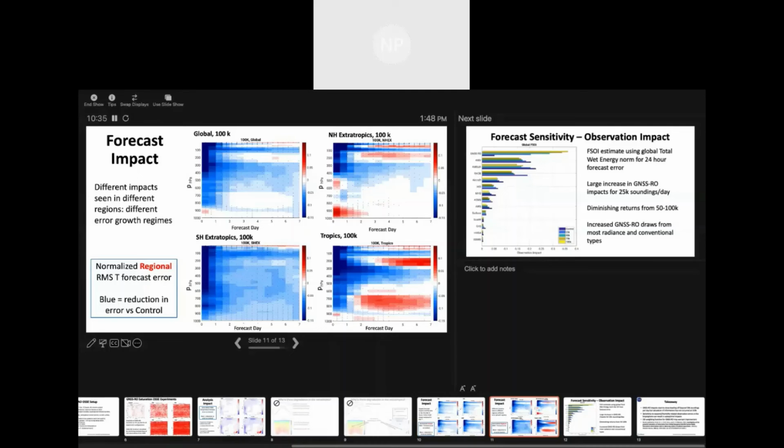Initially, in the first day or 2 days, we see a strong improvement, but then suddenly it switches over and you see a degradation. That red is showing the degradation of the temperatures. What we think is happening here is there's a difference in the convective scheme between the nature run and the forecast model. After the first day, there's a response where the model starts to convect a lot and starts precipitating.